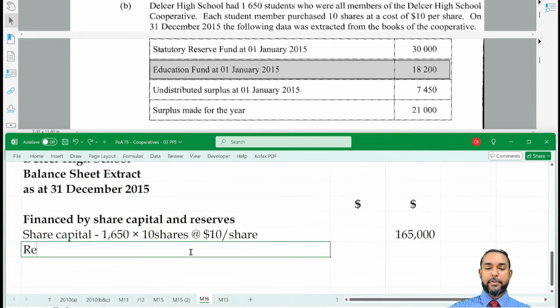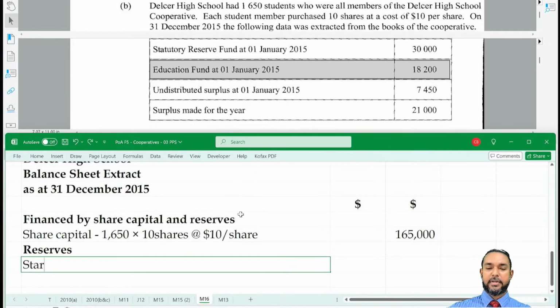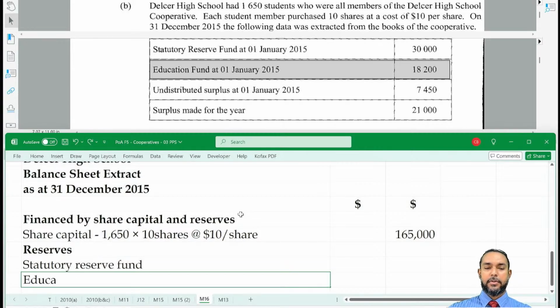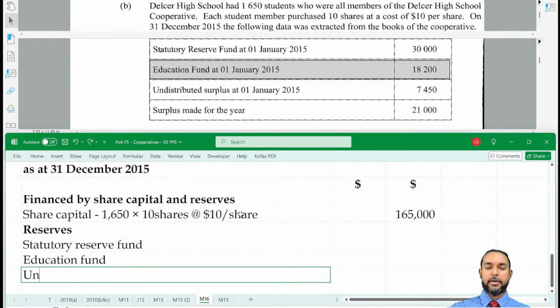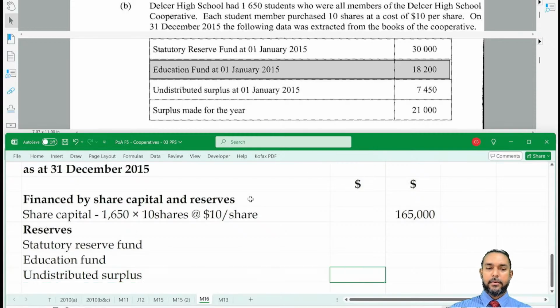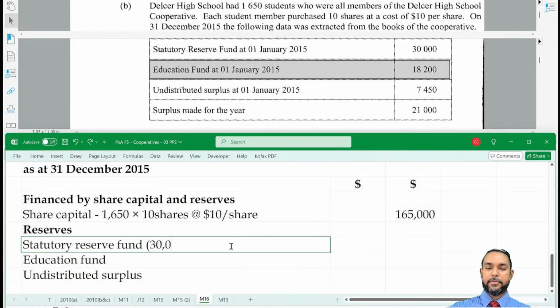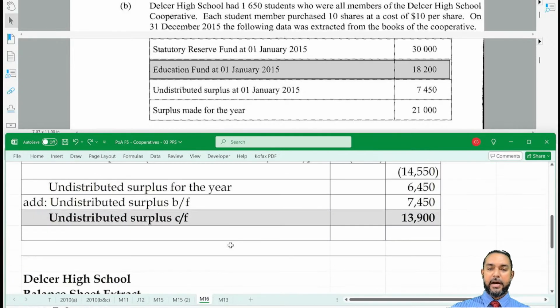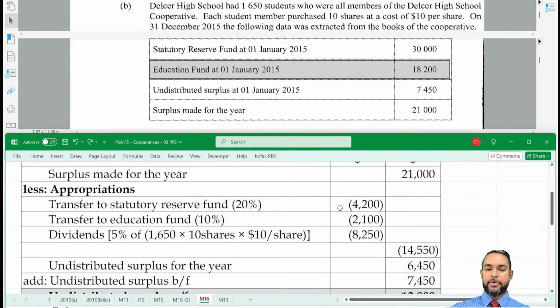And then we have the reserves: the statutory reserve fund, education fund, and the undistributed surplus. The statutory reserve fund started off at 30,000, and we added an additional 4,200.